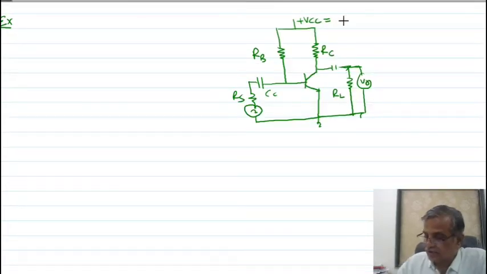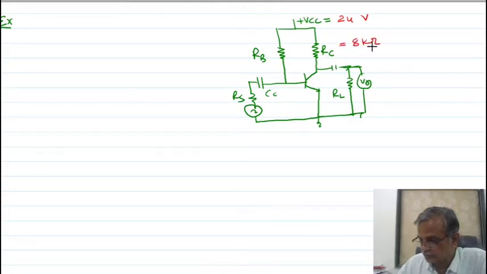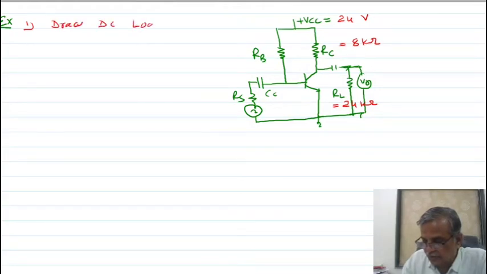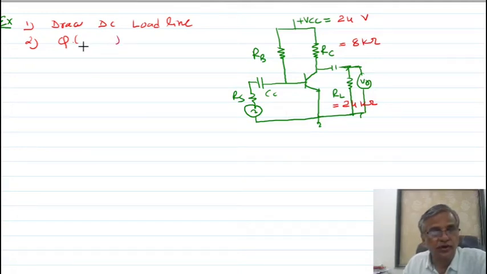Listen, for a given circuit diagram, this is your 8 kilo ohm, this is your 24 kilo ohm they have given. First question, draw the DC load line. Second, find the coordinates of the Q point. What is the coordinate of the Q point?